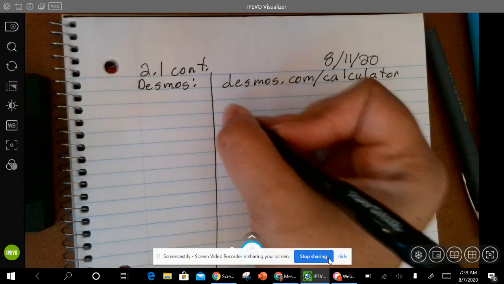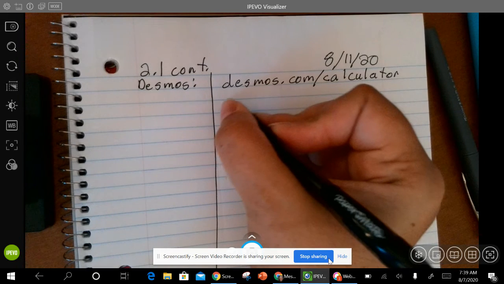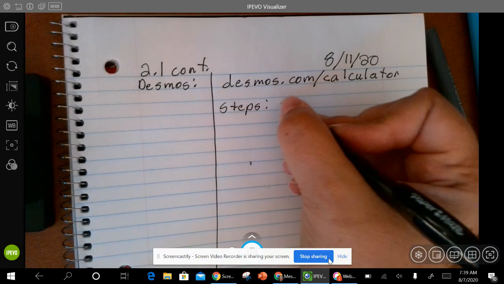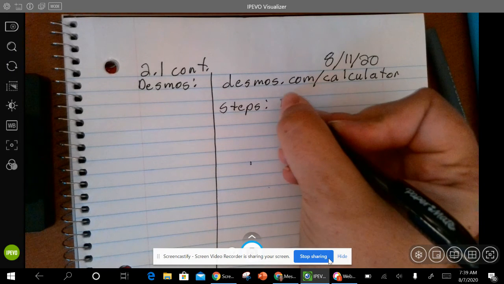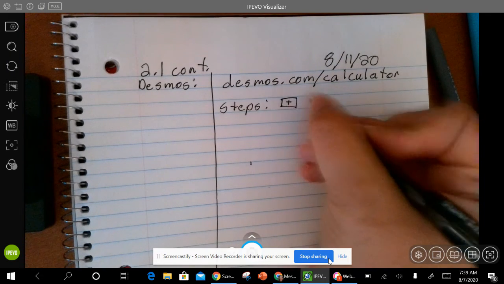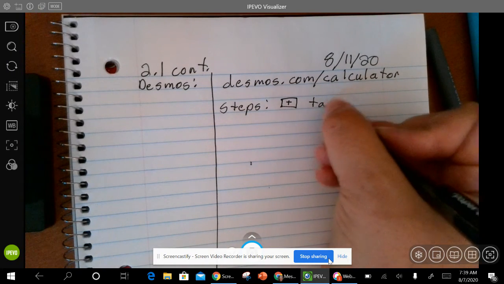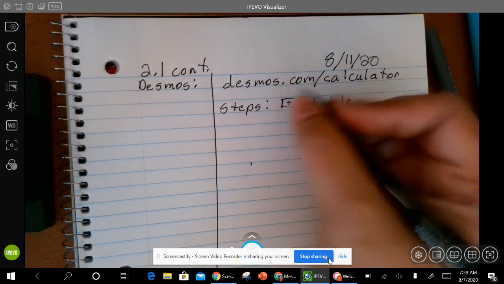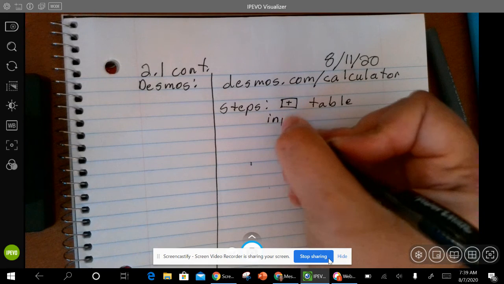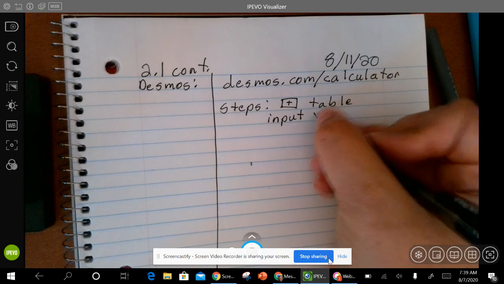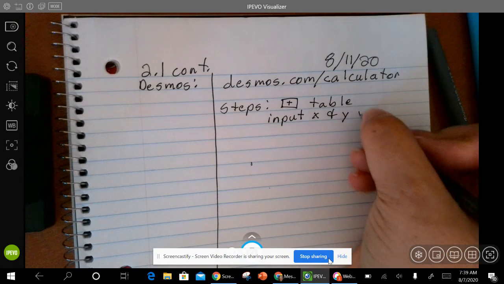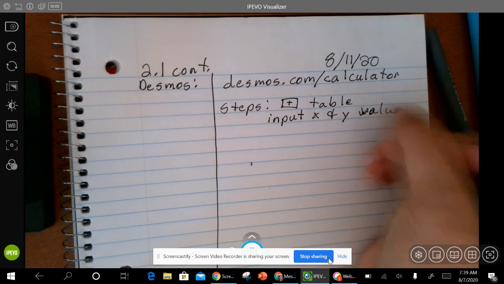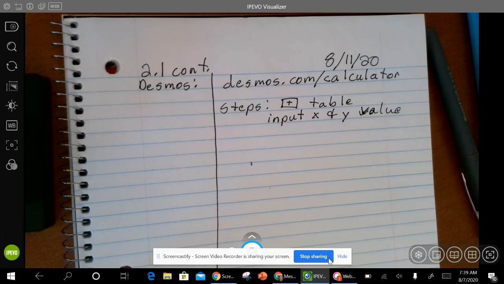Okay, so the steps that we're going to use for this. You're going to go plus to create a table. Okay, and you're going to input your X and Y values. So we're going to put those values in.